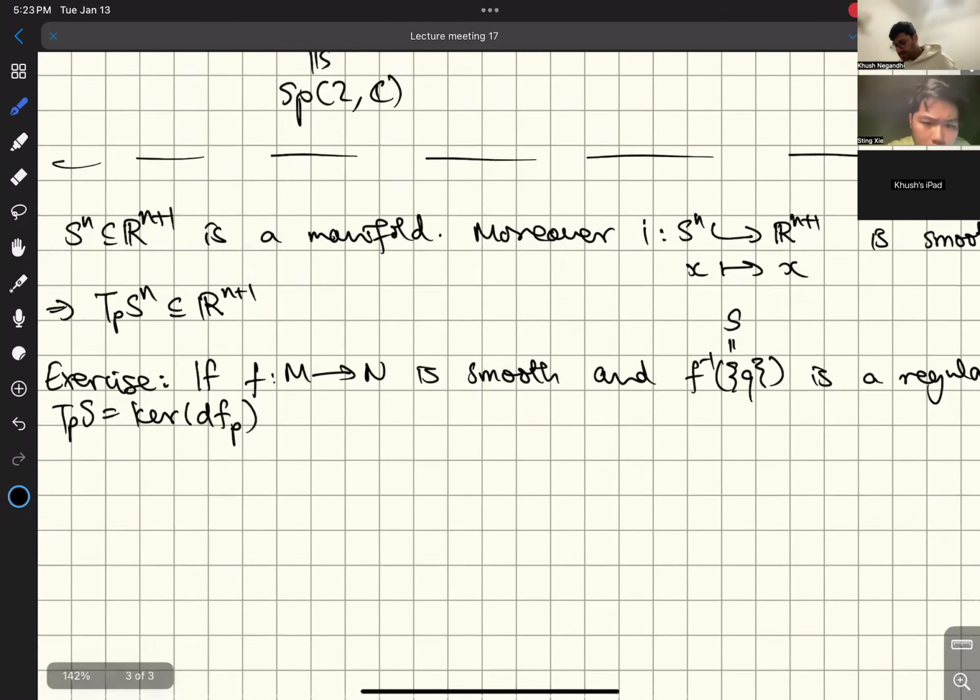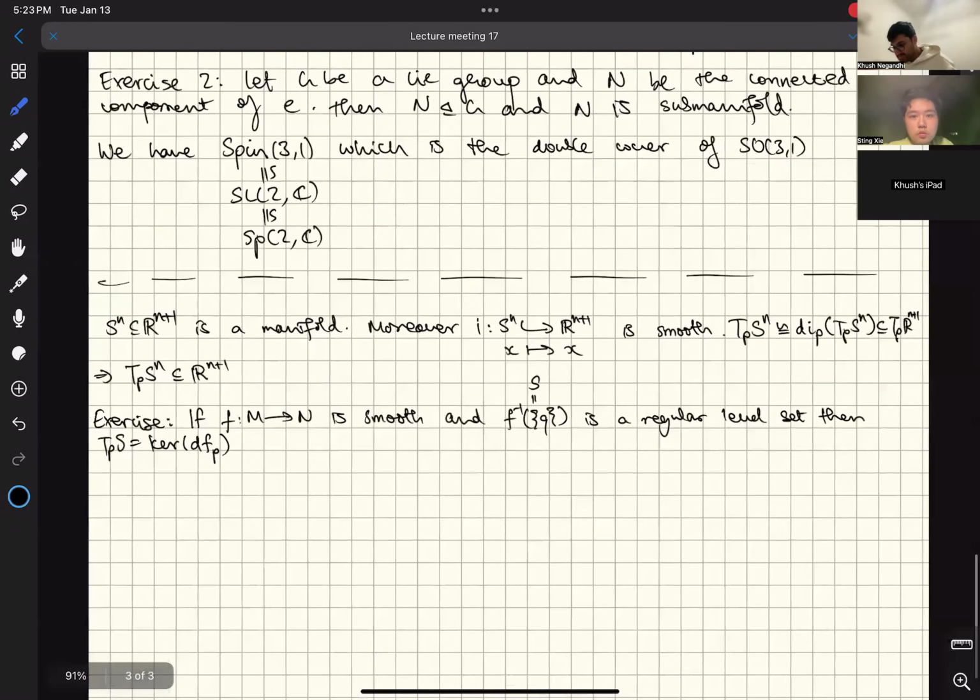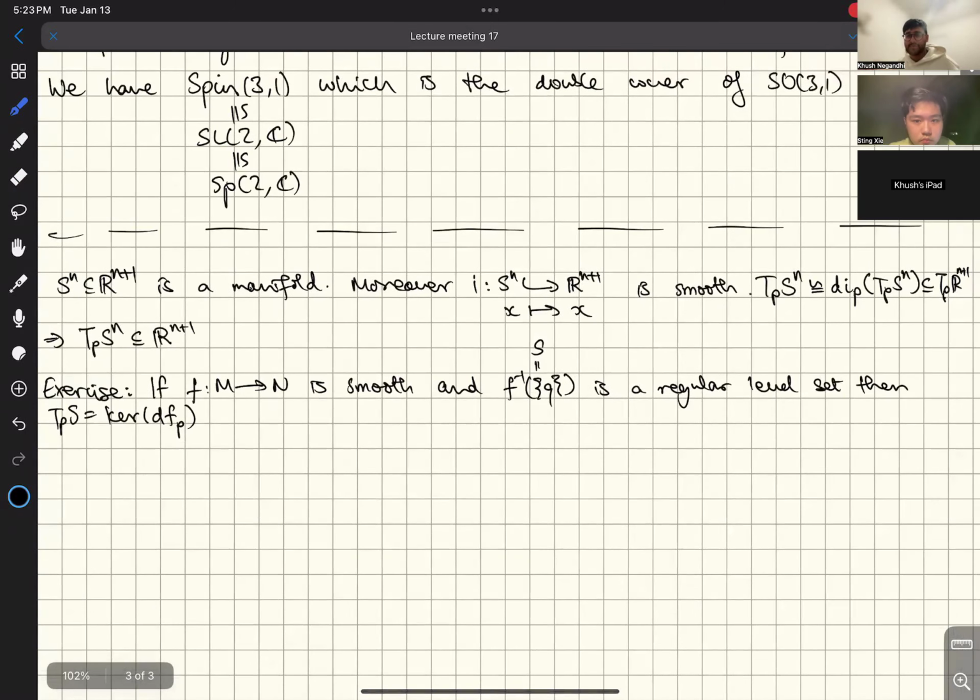Okay, so let's try to reason our way through this. If you have a level set and you move in any direction that goes outside of the level set, then the function changes because it's not constant.